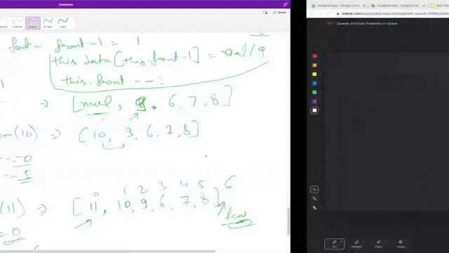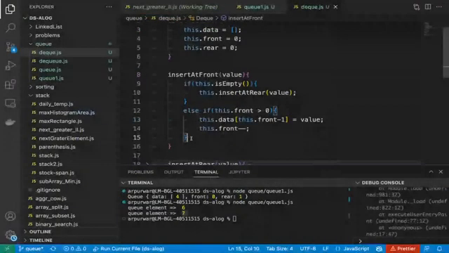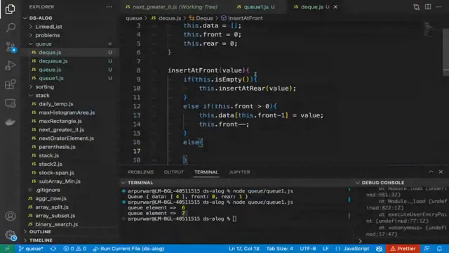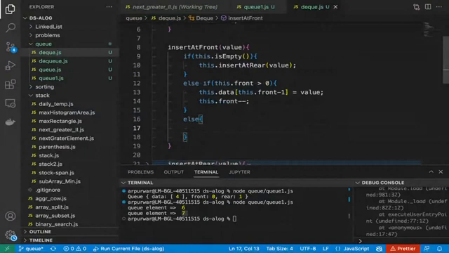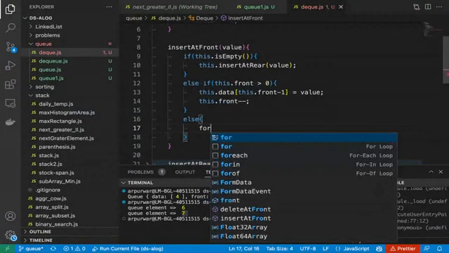Let's look at the next one, which is the only remaining condition, else. It means it's not empty, it's not greater than 0, so now it's equal to 0. For this, we need to put a loop here. Let's think about it.